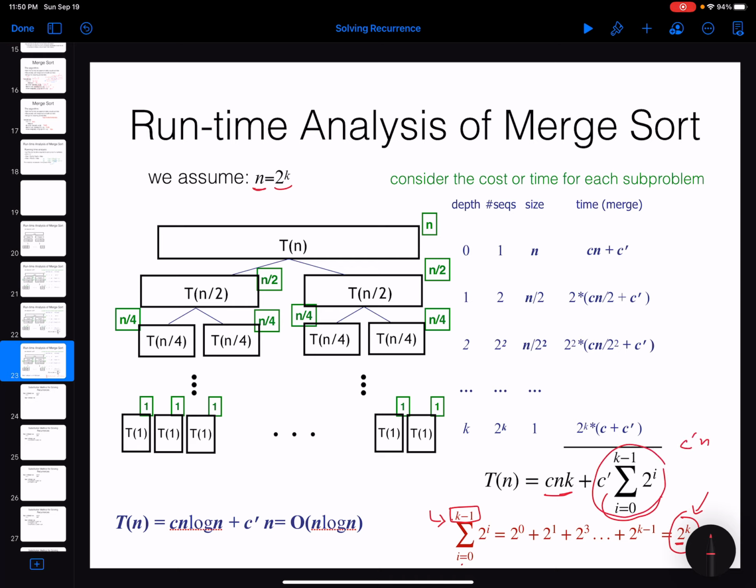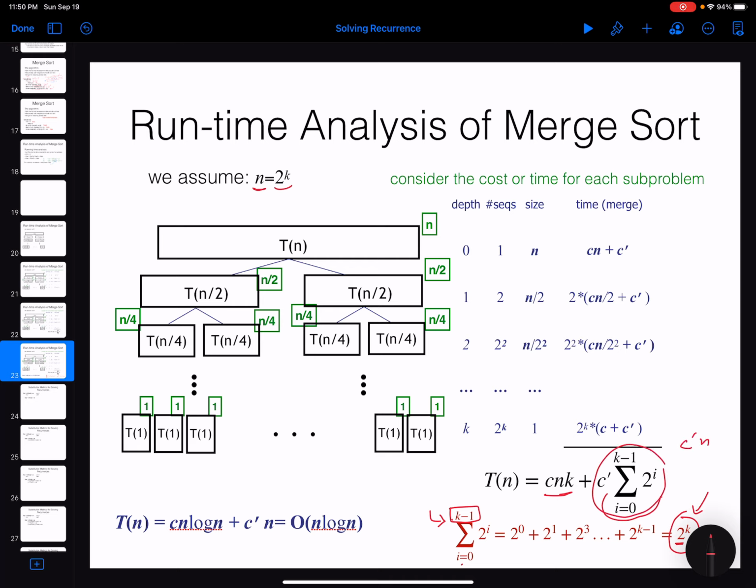And in those steps, what you are going to have is 2 to the power of k, T of n divided by 2 to the power of k, plus k cn. You will go until you reach this, where k is equal to log of n. And this part is going to be equal to 1, so this term can be replaced with some constant, or you can replace it by 1.